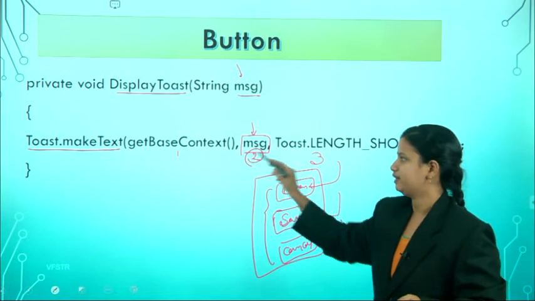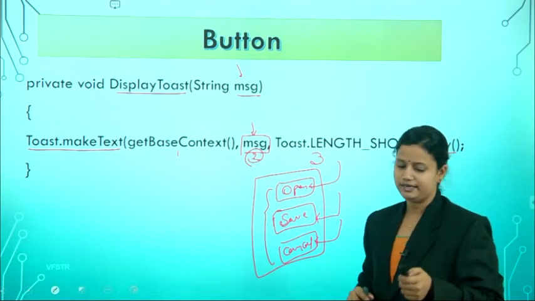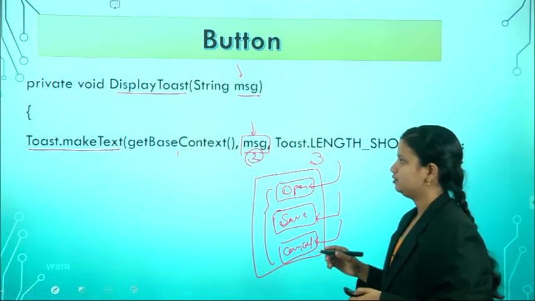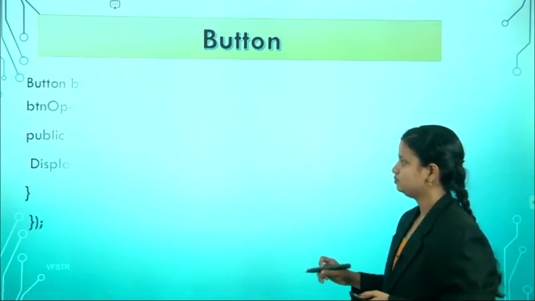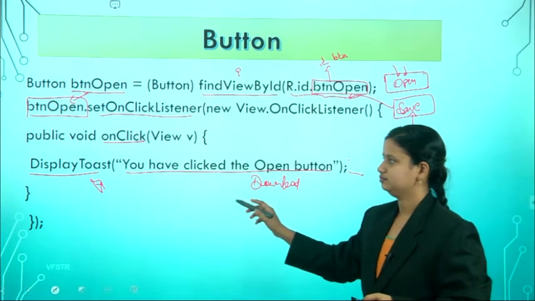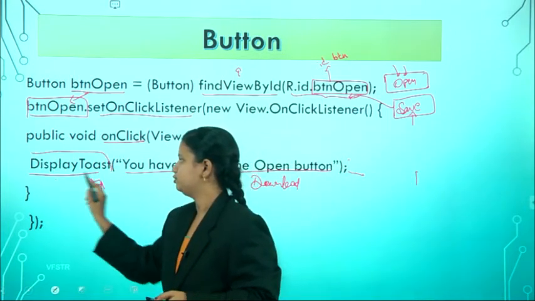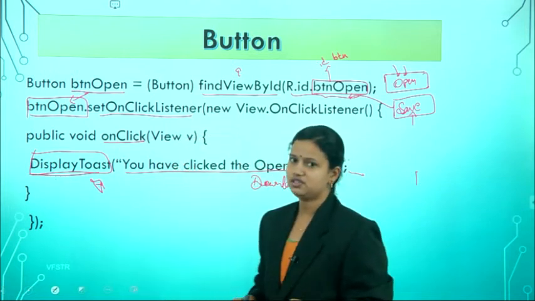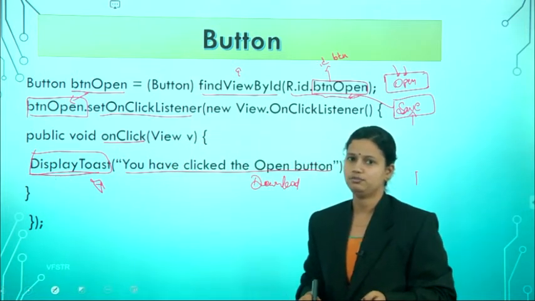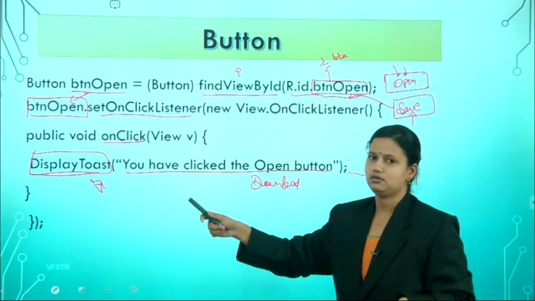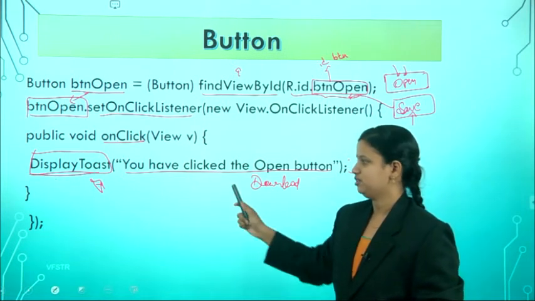In that method we are writing some default content, that means the toast syntax is already written. So while using it, we are calling a method, to reduce the code. At display toast we are sending only messages.